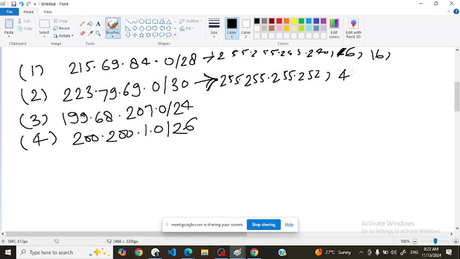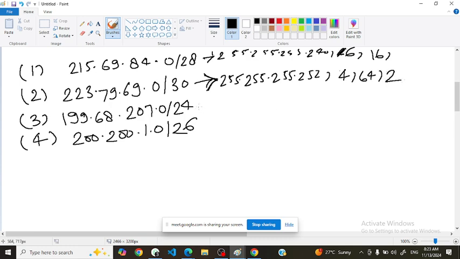And what will be the number of networks? 2 to the power 6 is equal to 64. And what will be the number of valid hosts per network? 2.